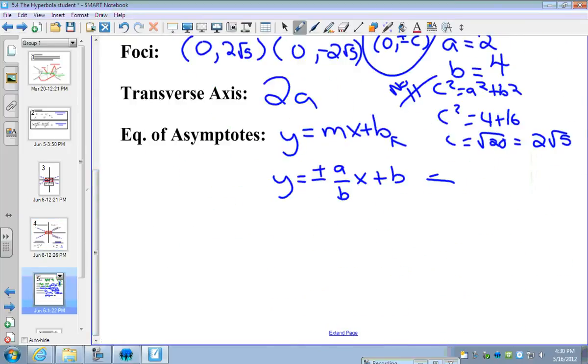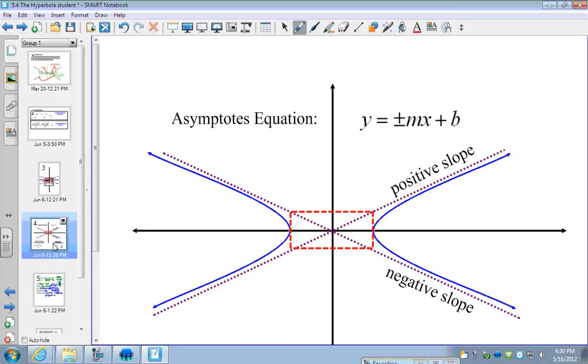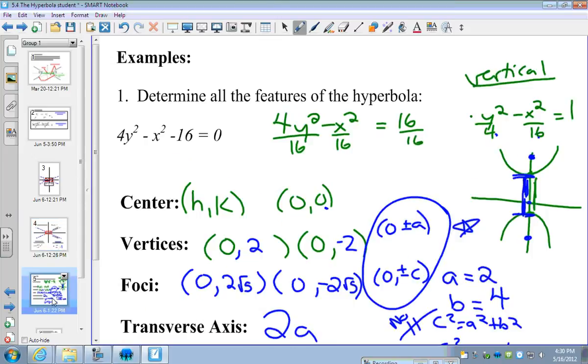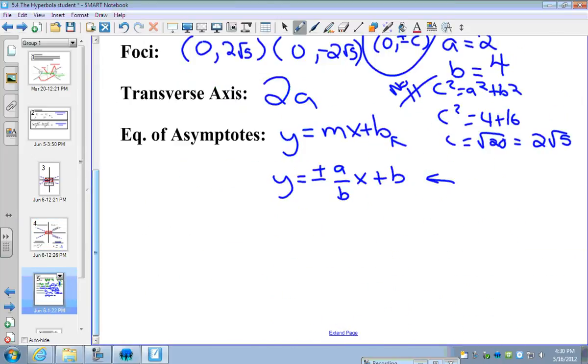b is actually my y-intercept. If you look at the asymptotes, you'll notice that they always go through the center. So that's going to give me my y-intercept. It will be the y-coordinate of my center, which is 0. It's just too bad that they use the same b there.